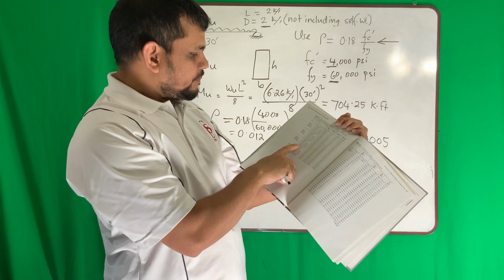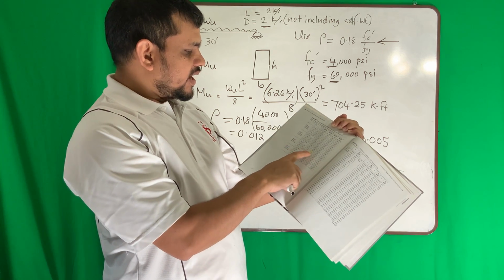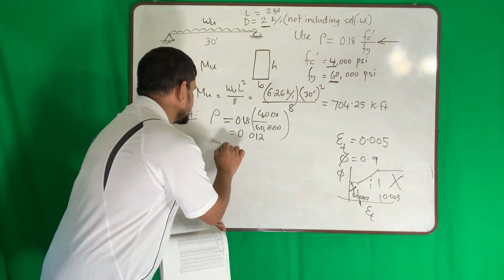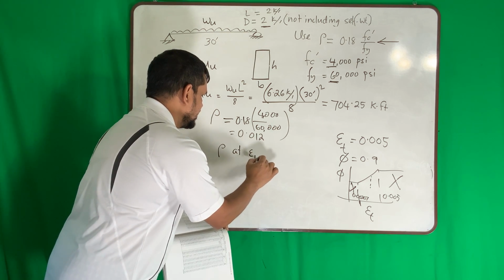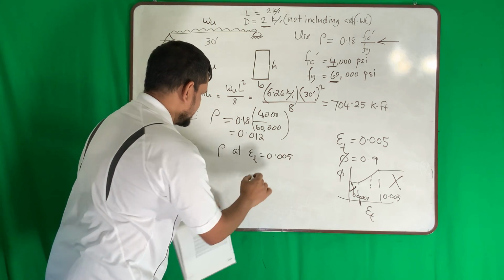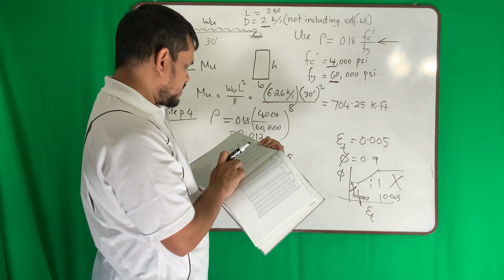So I can see here rho when epsilon T is 0.005, it is 0.0181. How much is it? It is 0.0181.